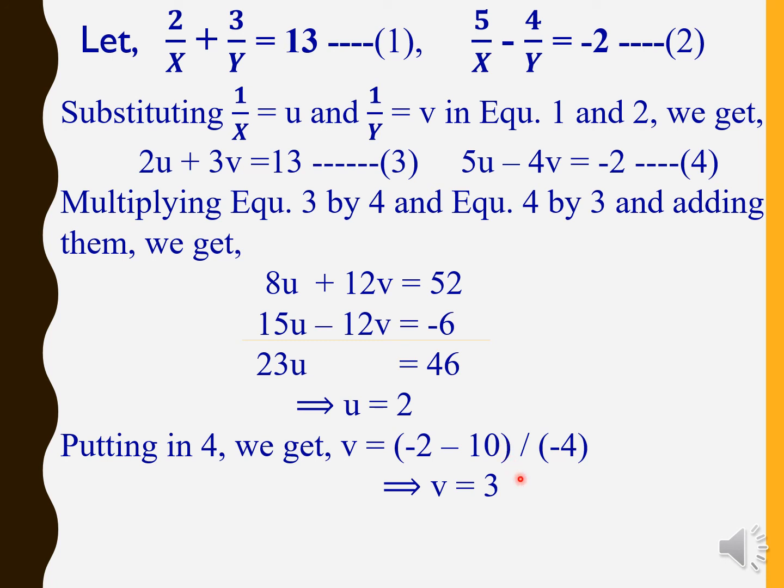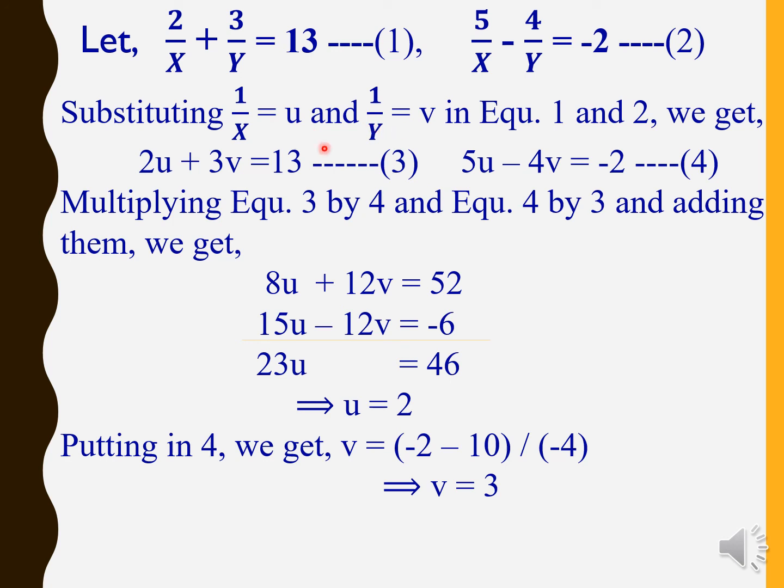But we are not supposed to stop here, because the initial equations were in terms of x and y. We have got the values of u and v, so we must write the solution in terms of x and y. We substitute the values we got for u and v in this form.